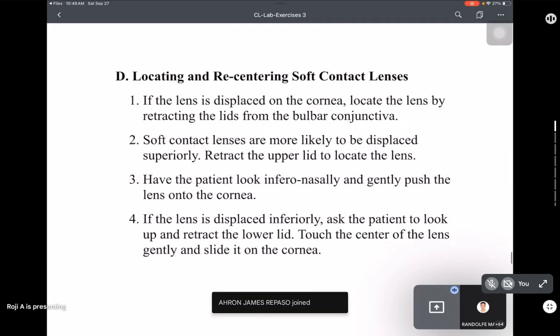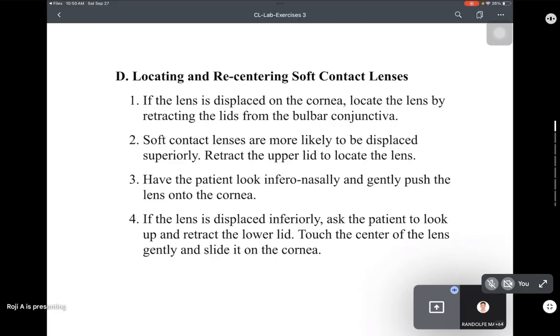Now, of course, locating and recentering soft contact lens, which I've said earlier: when it comes to contact lens, sometimes it's misplaced or decentered, or moved inferiorly, superiorly, nasally, temporally, especially for RGP. You might be looking for the RGP because RGP is smaller.